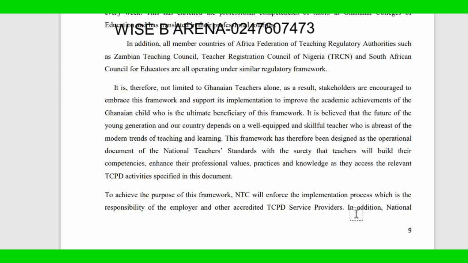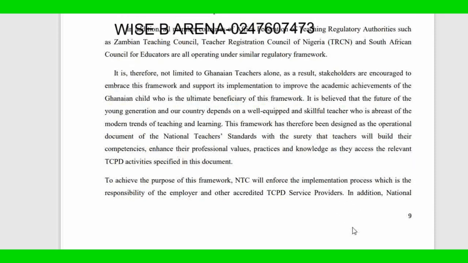It is believed that the future of the young generation in our country depends on a well-equipped and skillful teacher who is abreast of the modern trends of teaching and learning. This framework has therefore been designed as the operational document of the National Teacher Standards, with the surety that teachers will build their competencies, enhance their professional values, practices, and knowledge as they access the relevant TCPD activities specified in this document.